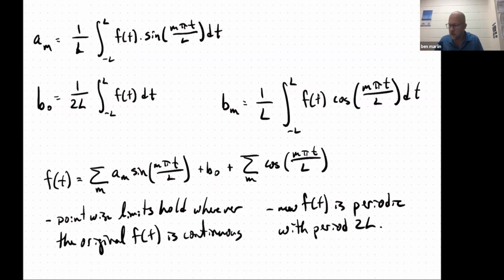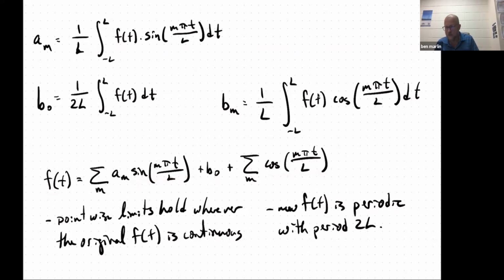Okay. So your function that you start with, you can represent it as this infinite sum with a couple of provisos. One is if your f of t is not continuous, it's going to have places in it that are messed up because sine and cosine are both continuous functions.